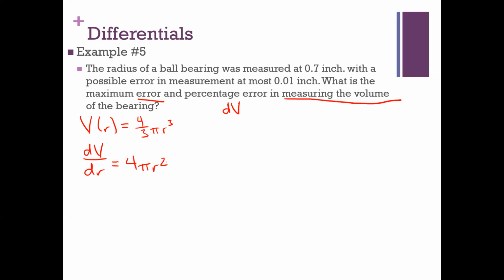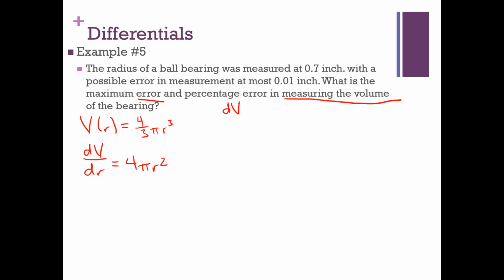In this case, we're thinking about it as an error, but here's the thing. The radius is 0.7 inches, right? As far as we know, we can find the volume based on that, right? That would be, in the language of the last slide, our Q. We call it the nominal volume. In a perfect world where I can measure things absolutely, that would be the volume.